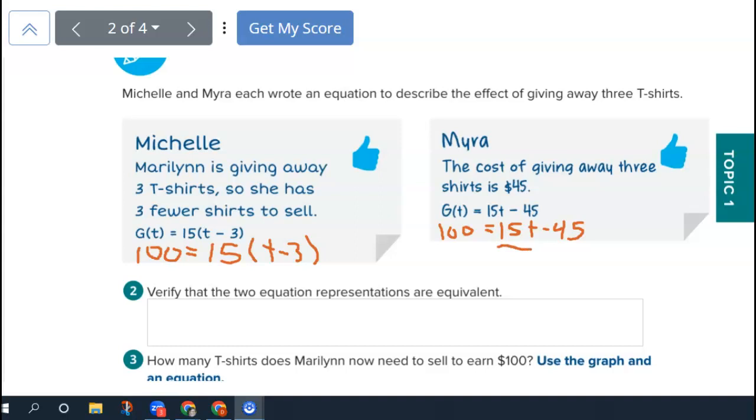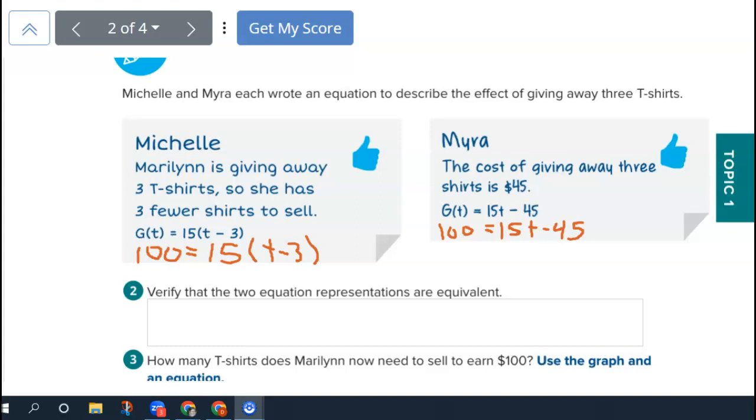Then as a second step, we'll get t by itself. But our first step is we want 15t to be alone on one side of the equation, so we need to get rid of this -45.